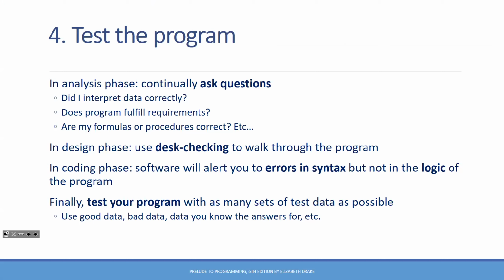So we'll know to correct those. But if we have a problem with our logic, we're not doing something right, the algorithm is off, or we're not interpreting the algorithm correctly, we won't be told about that. We'll have to be doing investigation and analyzing our output to make sure we find those kind of problems.